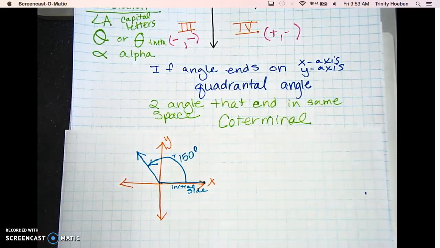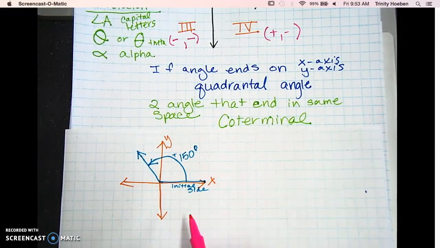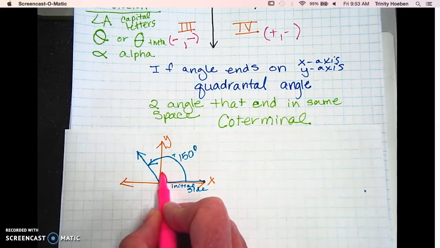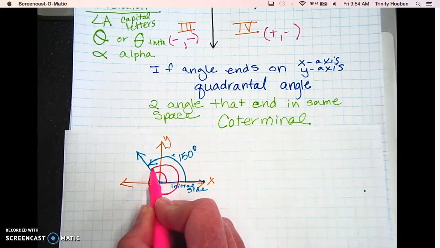And you're asked to get an angle that is coterminal with it. Okay? So we're going to take 150, and we want to end at the same spot. Well, we can start at the same spot and simply go around more than once.